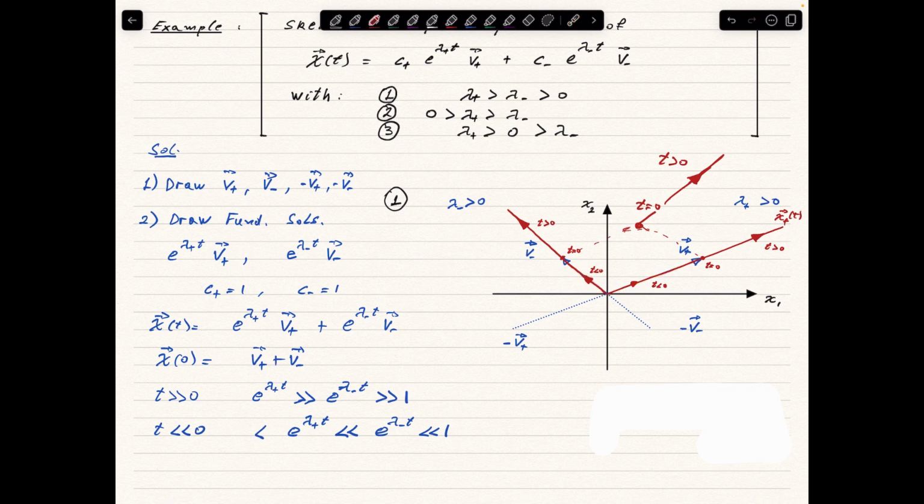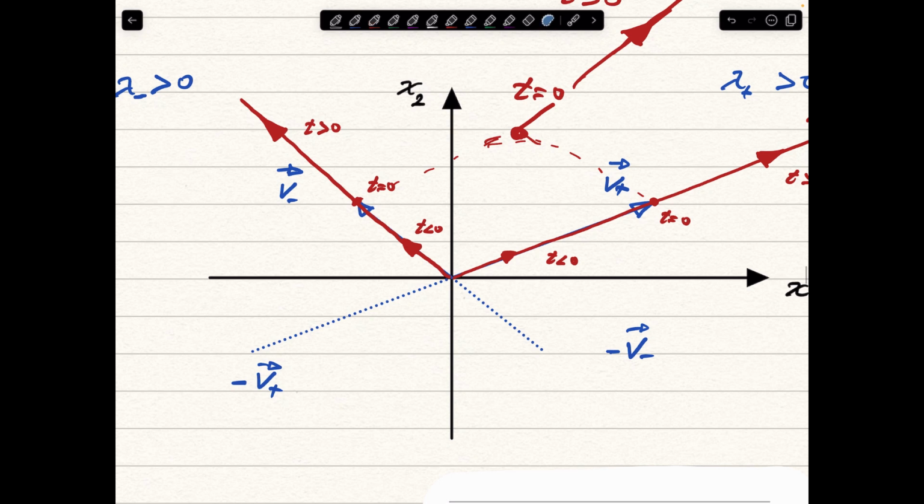So the solution at the end is going to try to get parallel to, okay, let's move this thing away from the line. The solution is going to try to be parallel to that solution with a smaller eigenvalue, and the direction of increasing time doesn't change.